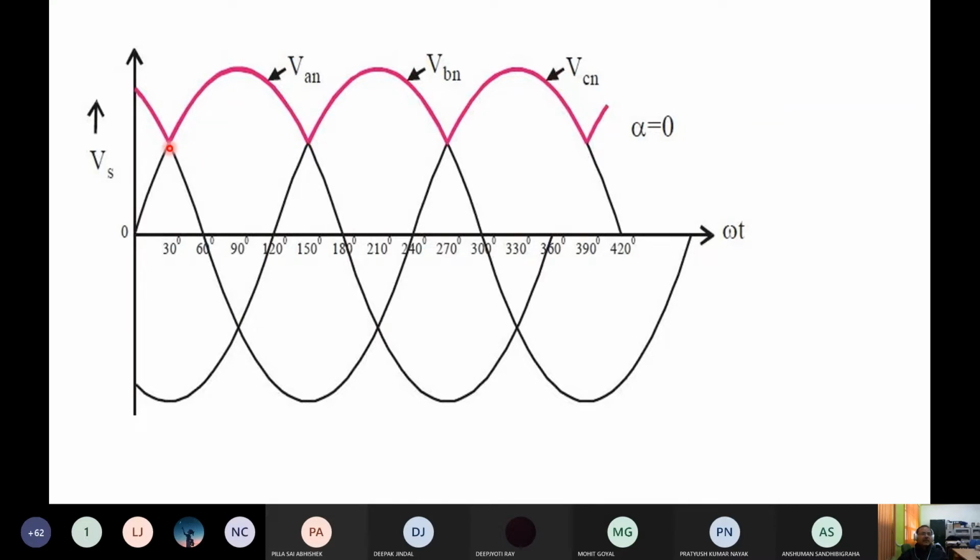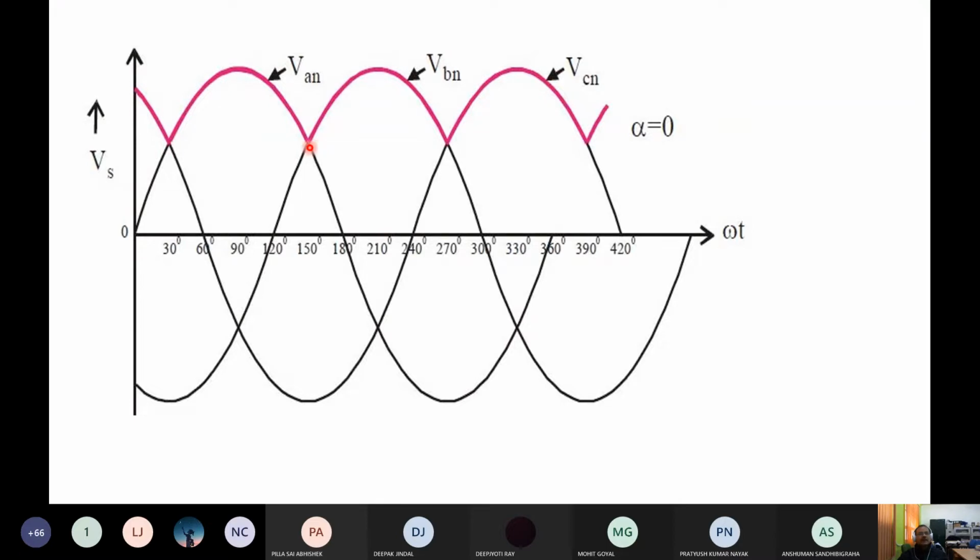This is alpha 0 for phase A or SCR1, this is alpha 0 for phase B or SCR2, and this is alpha 0 for SCR3. If they are diodes, alpha 0 is uncontrolled, so the whole wave will come.